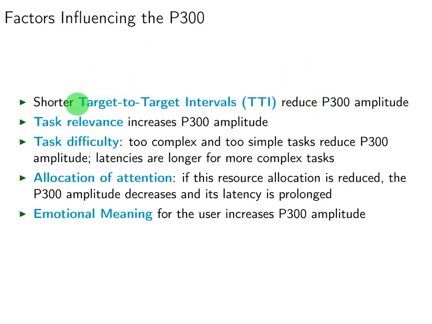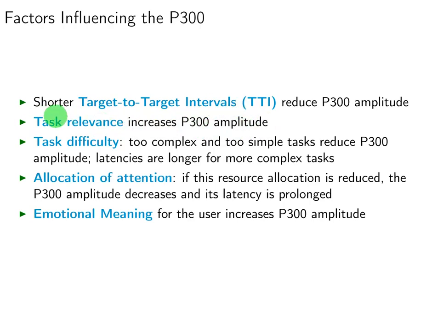So shorter TTI reduces P300 amplitude, which is not good. Why? Because discriminating these features will be difficult for a classifier. Another thing that has been observed is that task relevance increases the amplitude of P300.